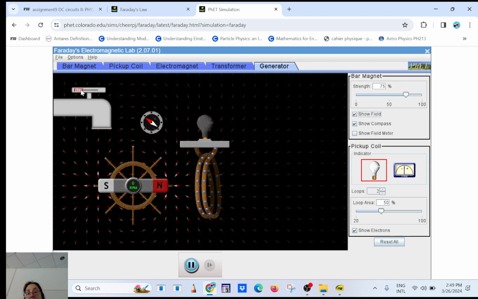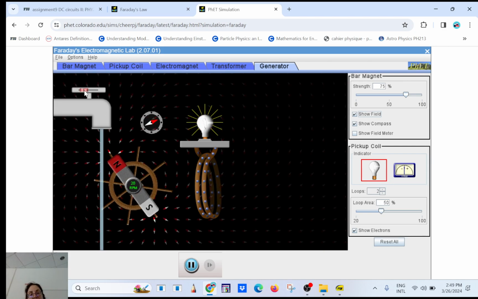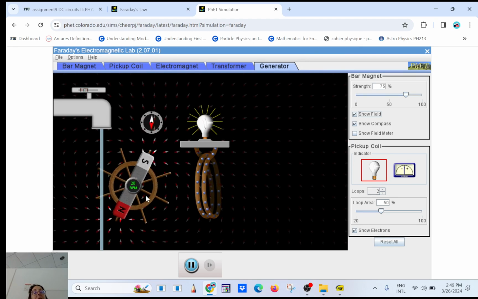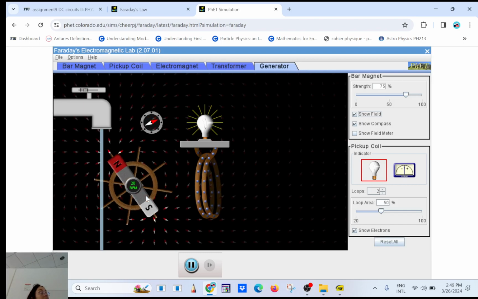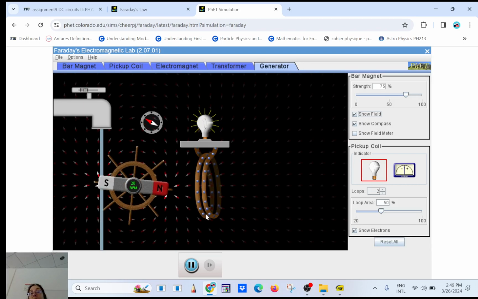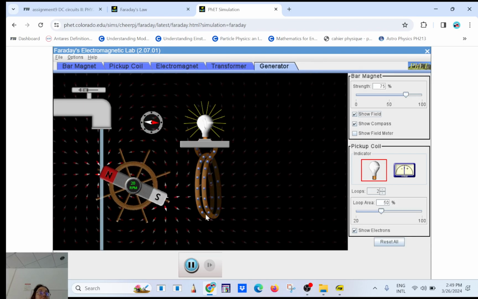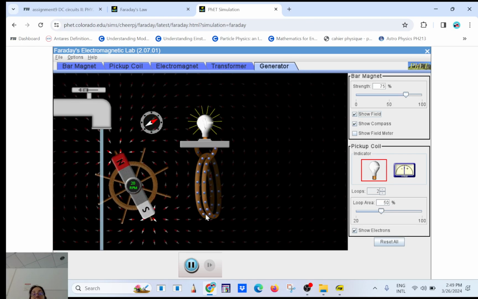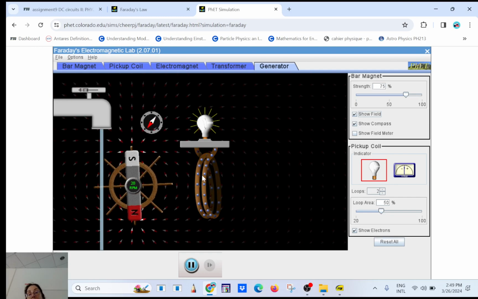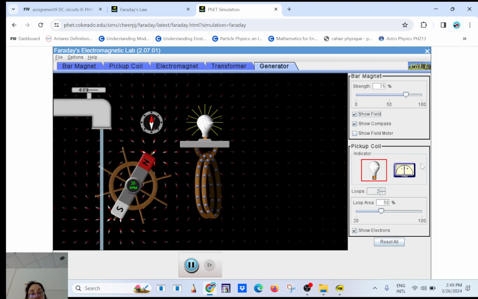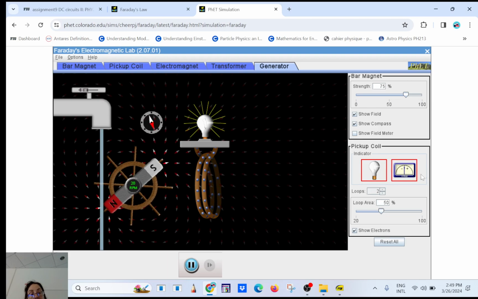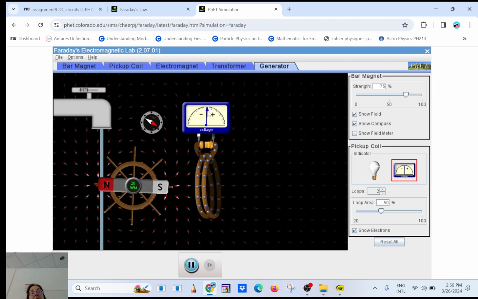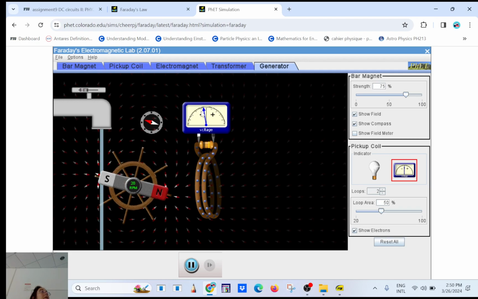So here what I'm going to do, now you see, the magnetic field is going to change with time, and here I'm going to induce a current. So this is called electromagnetic induction. Okay, and you are also inducing a voltage, but what type of voltage do we induce?